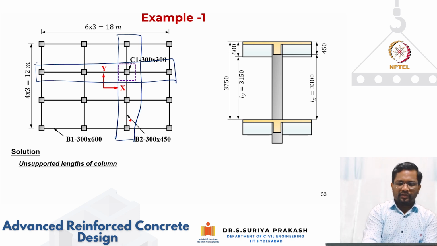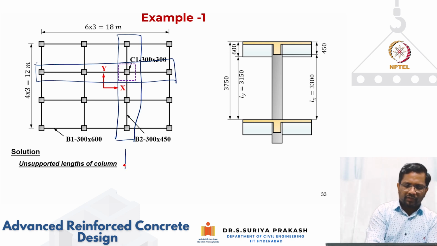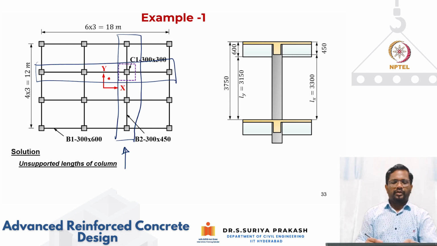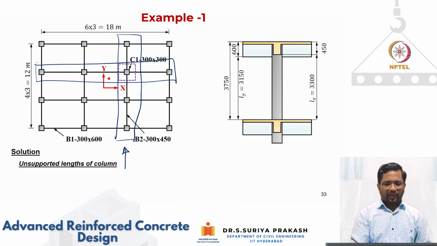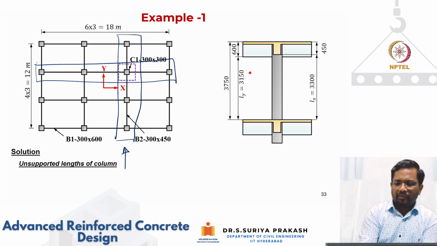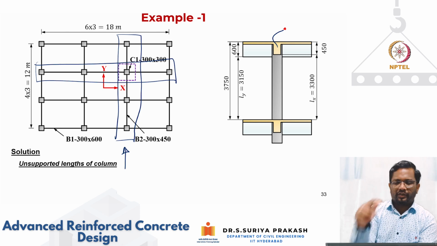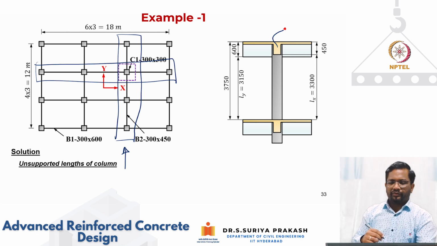If I'm looking at the C1 column marked there, the beam running along X is 600 mm deep. The yellow beam, running perpendicular, is 450.